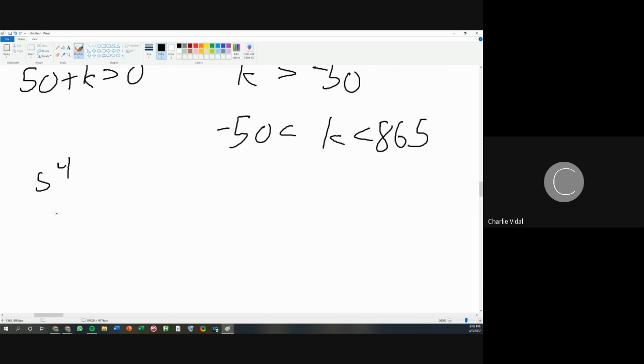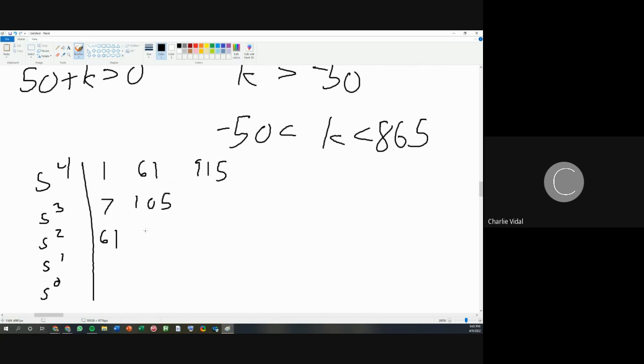But we're going to plug in 865. So s cubed, s squared, s to the 1, s to the 0, every time we see k, we plug in 865. That is 61, 915, 7, 105, 61, 915, 0, and 915.